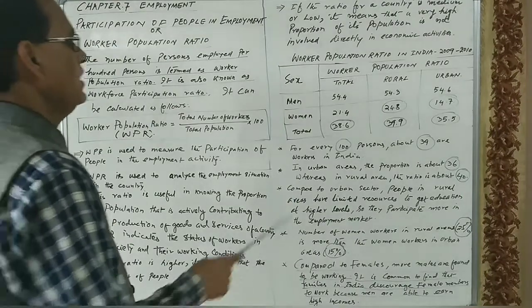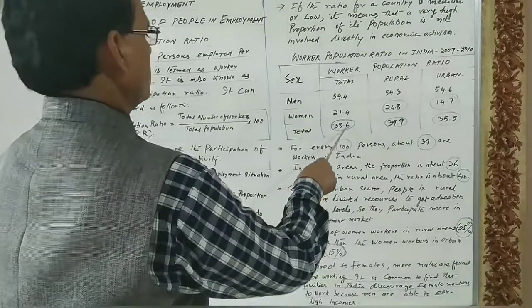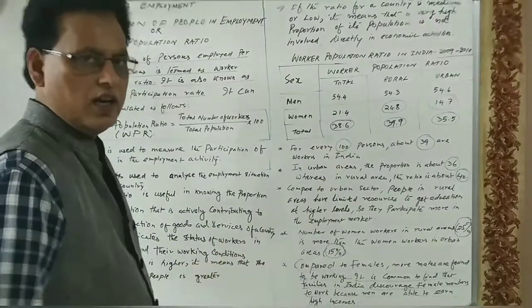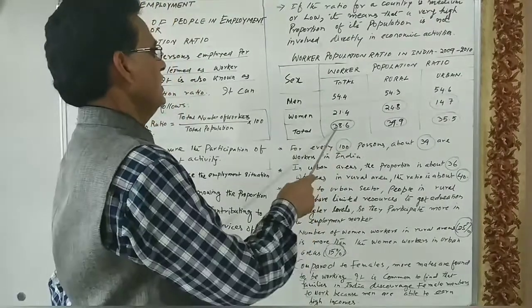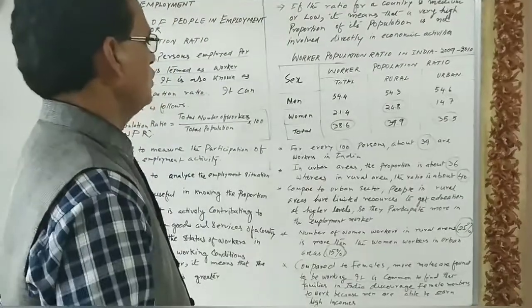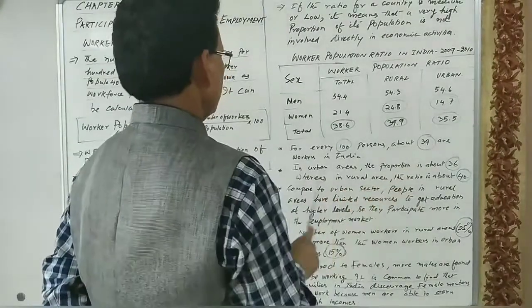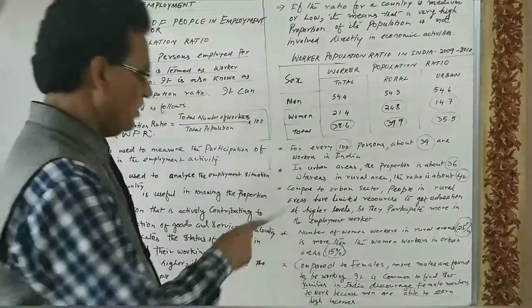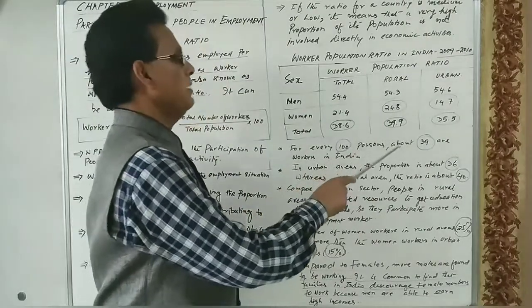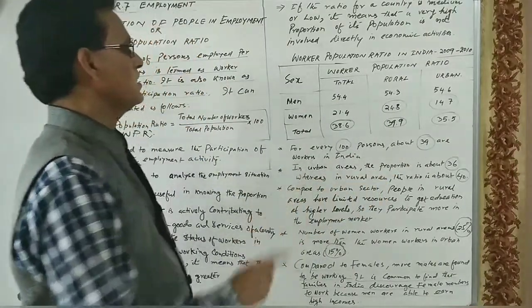Here it is given 38.6. When we take the round figure, it is 39. This 39 shows that for every 100 persons, about 39 are workers in India.